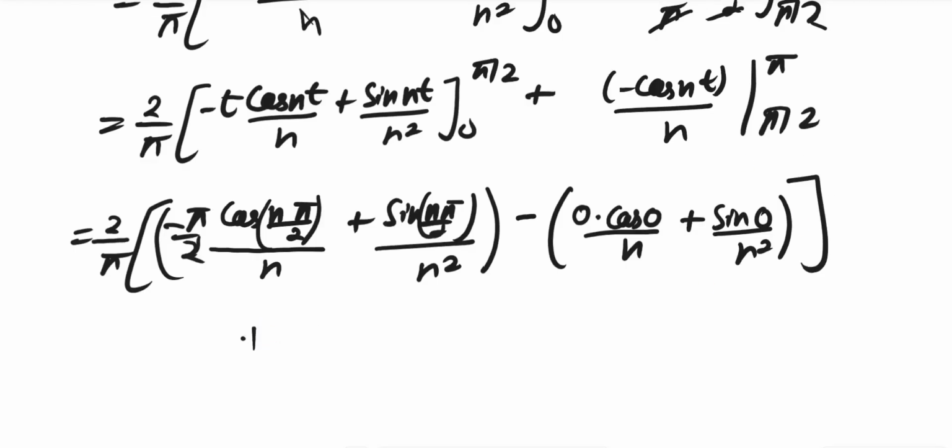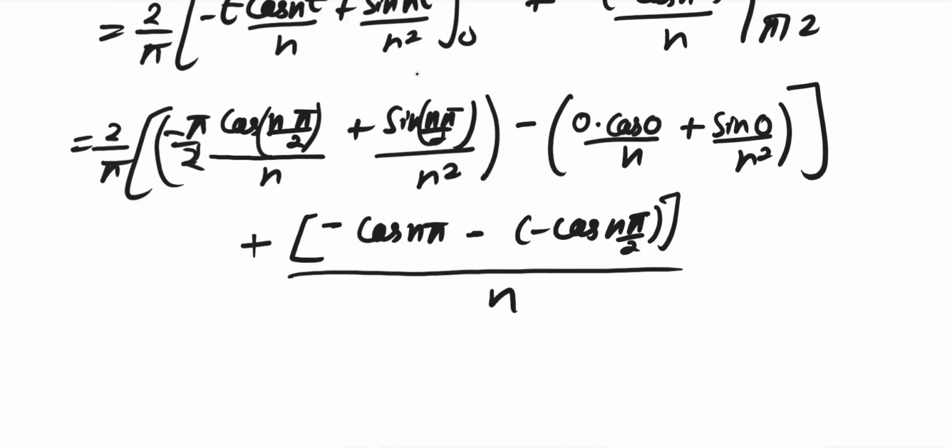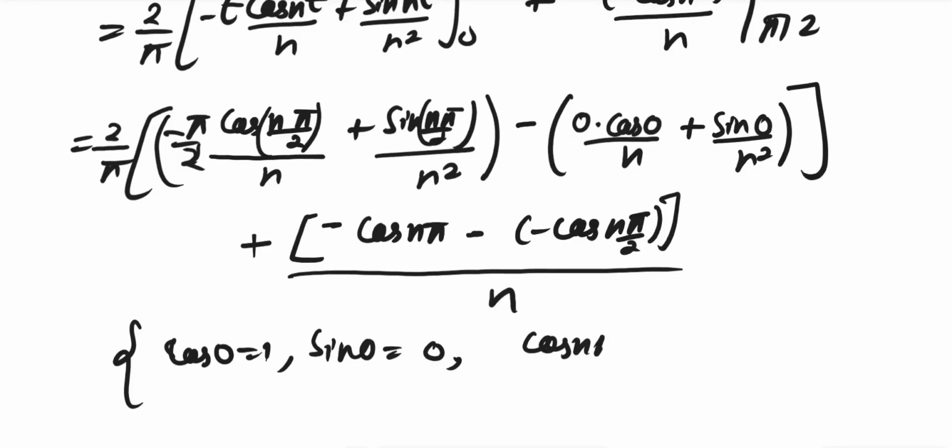Now for the second integral, it is plus minus cos n pi minus minus cos n pi by 2 divided by n. Now we should know that cos 0 is equal to 1, sin 0 is 0, and cos n pi is minus 1 raised to the power n.